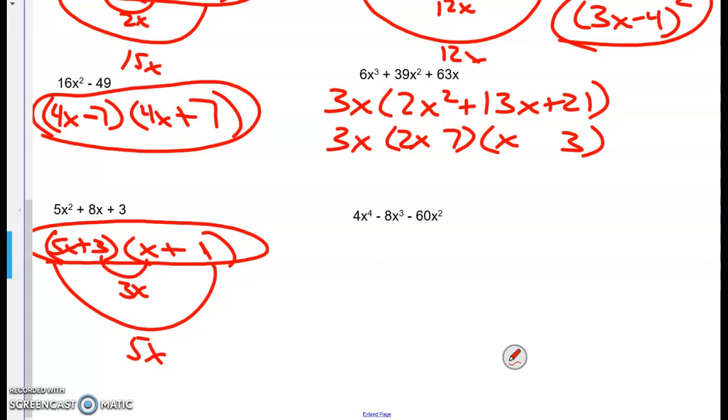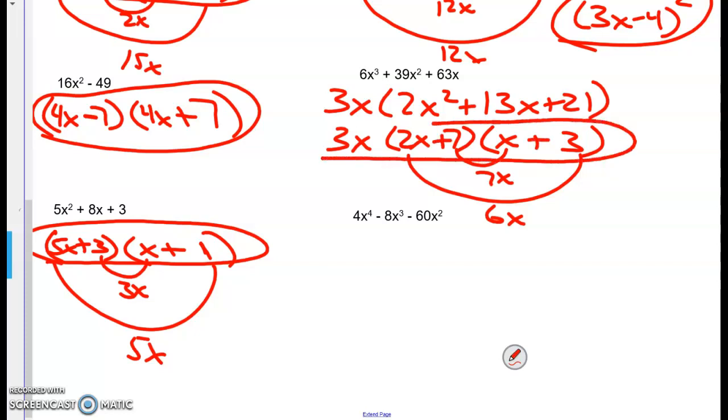You're usually going to use the middle terms, and if you look here, 2x times 3 is 6x, 7 times x is 7x, and 7x and 6x combine to be 13x. So we have two positive signs, and this is the entire answer. You have to have the GCF with it. The GCF doesn't disappear. The GCF stays with your answer.